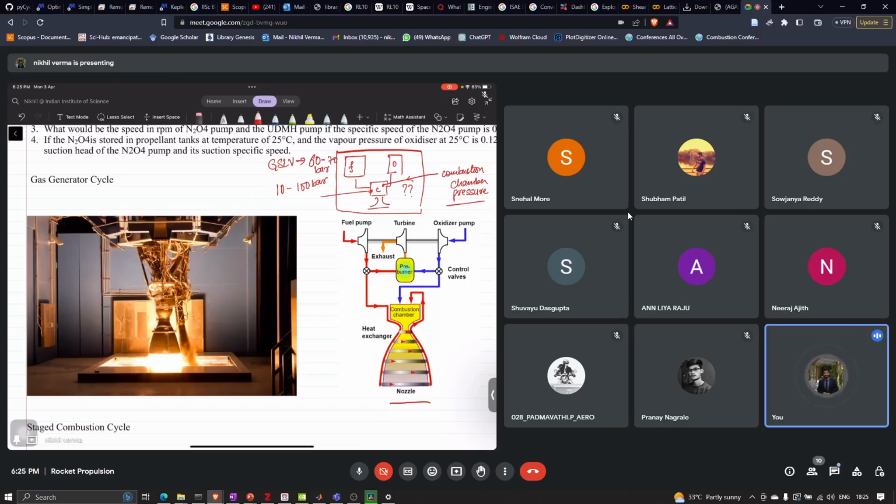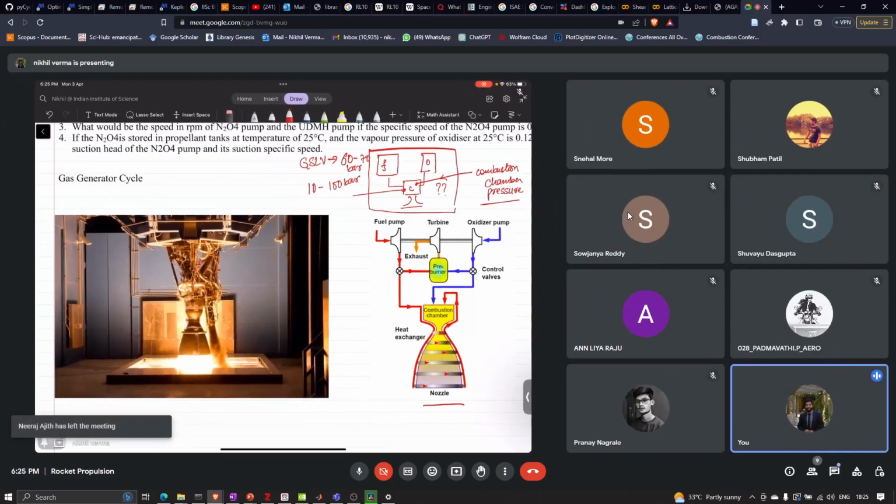Okay, so to feed the propellant, we need a pressure difference, right? To have a flow from the fuel tank and oxidizer tank to the combustion chamber, for such a system we would need the pressures in the fuel tank or the oxidizer tank to be greater than 60 to 70 bar, right?